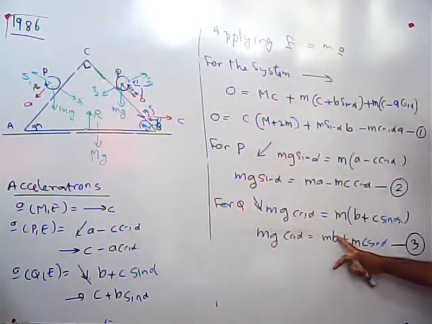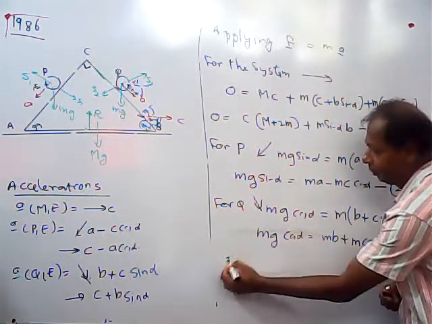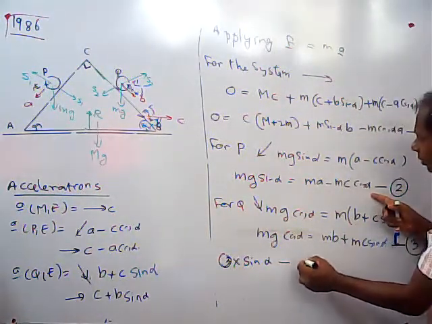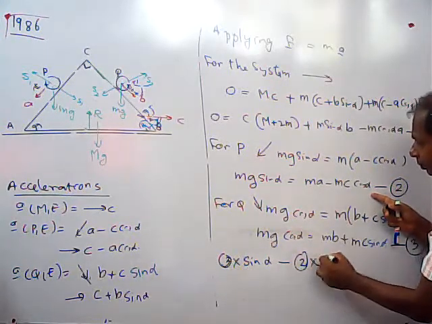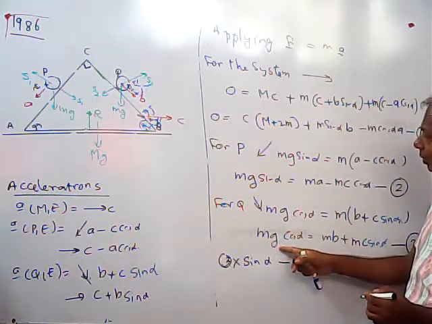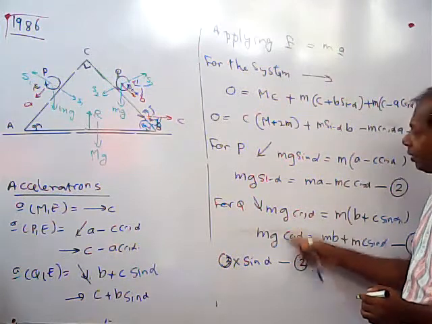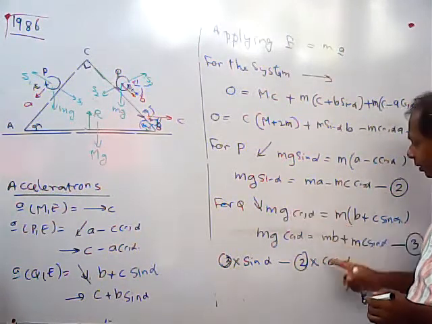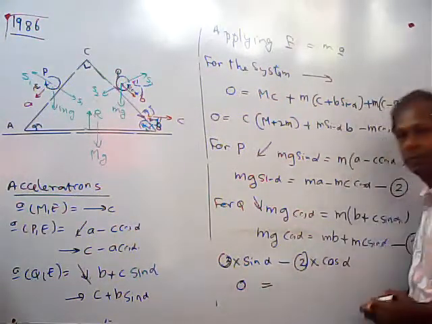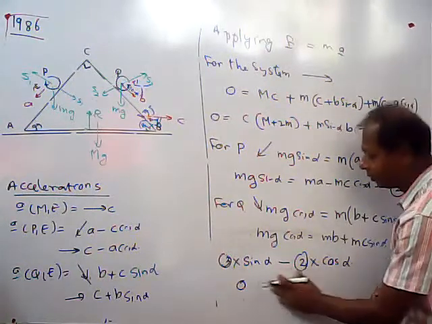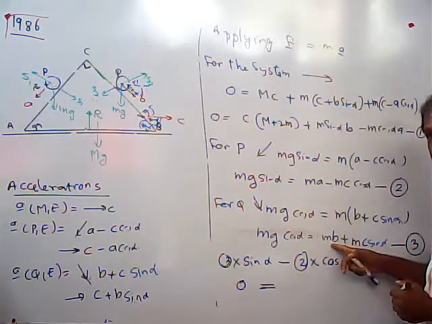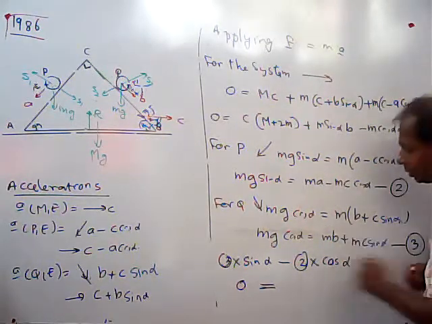So we said we multiply this by sine alpha minus this into cos alpha. So the right hand side: mg sin alpha cos alpha minus mg sin alpha cos alpha will be the same. When you subtract, left hand side will become 0. The right hand side will give mb sin alpha minus ma cos alpha.